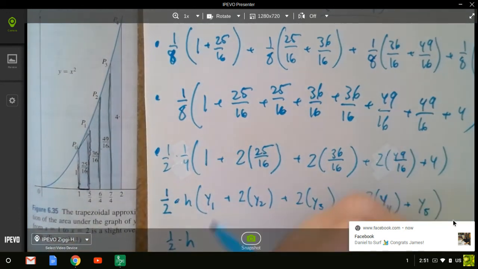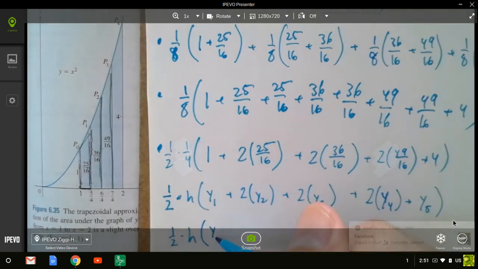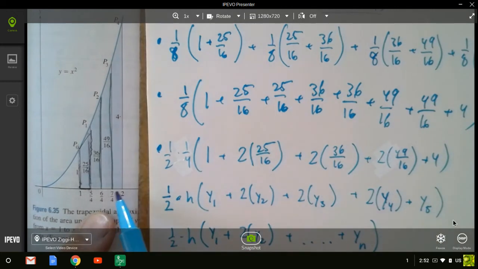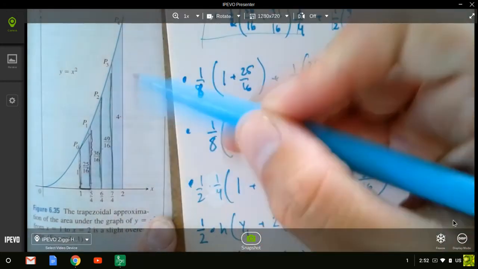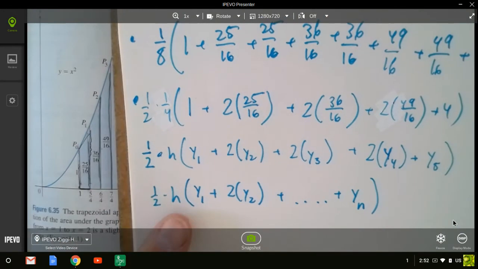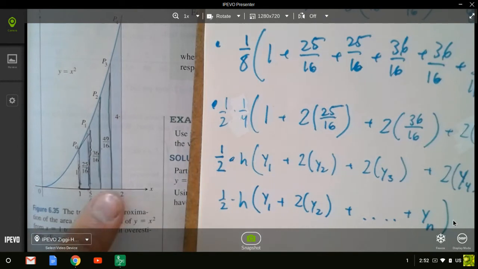It would still be the first height plus 2 times y2 plus, it doesn't matter. But eventually we get to the very last height, and it's yn. What I just proved to you is you can do this for any trapezoid or any set of trapezoids underneath a curve.